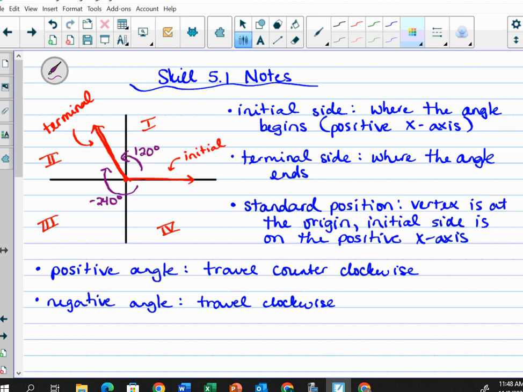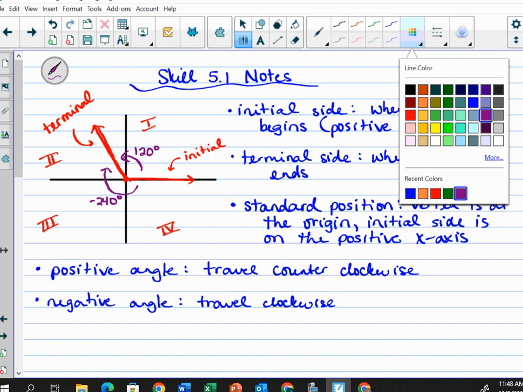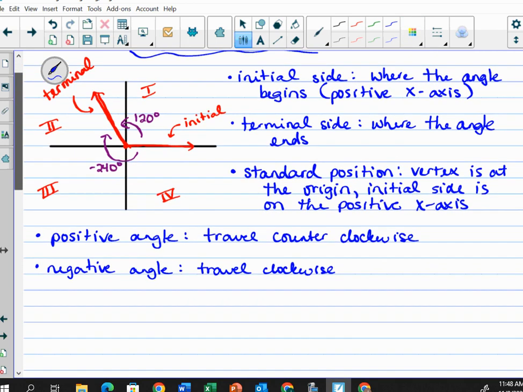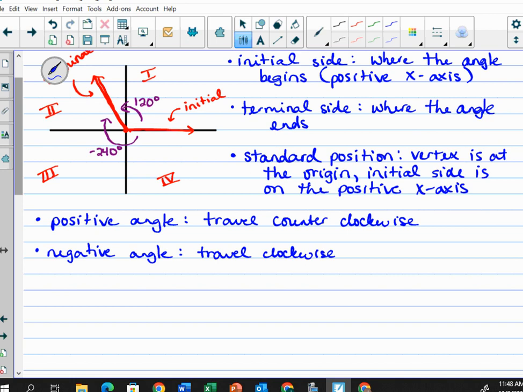There are 360 degrees in a circle, so these two angles combined create that 360 degrees. It looks like the exact same angle, but how you label it tells you whether it's a positive or a negative angle. And this leads us to coterminal angles.